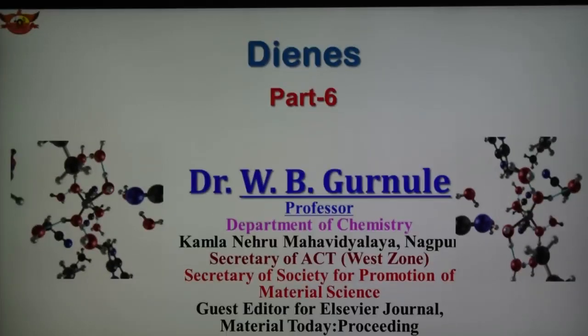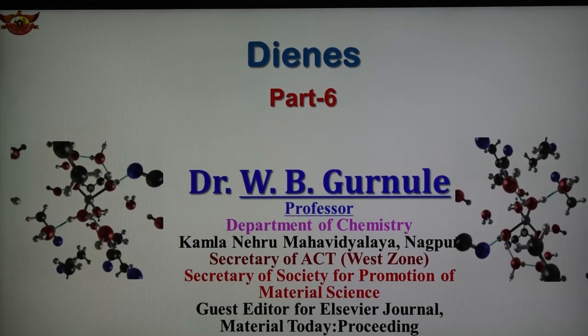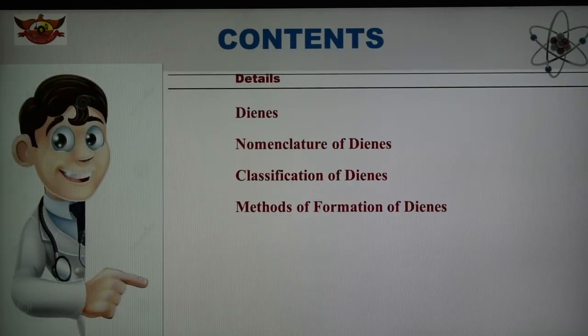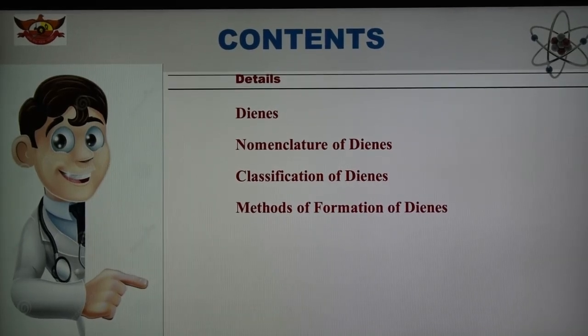All these types of dienes and their methods of formation we are discussing in today's part. So today's topic is dienes or alkadienes, and this is part number 6. We are discussing what is a diene, examples of dienes, nomenclature of dienes, classification of dienes, and different methods of formation of dienes.